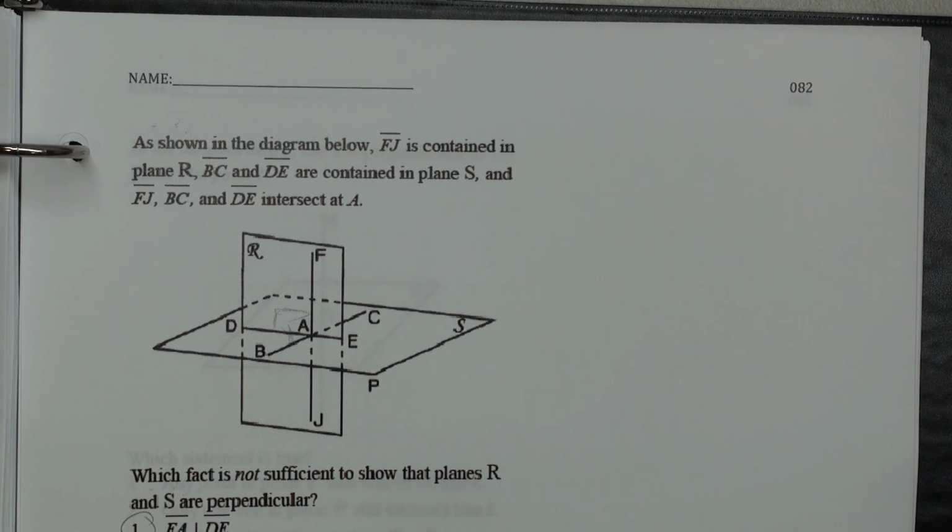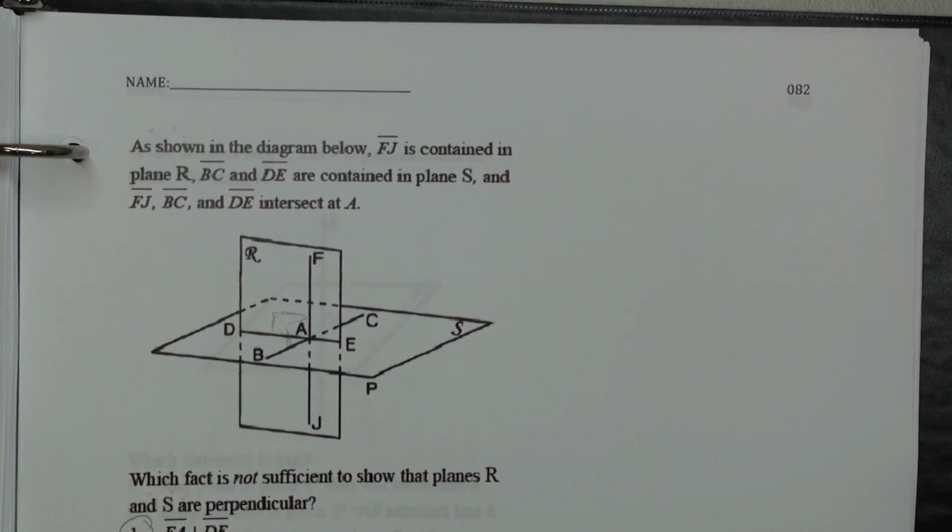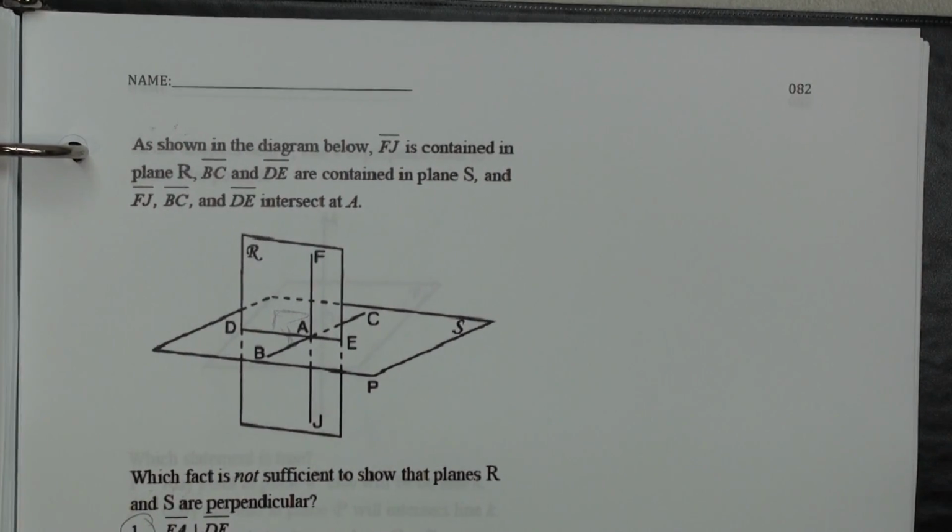Let's see. This was number 82. This would be GG5 again. So change GG3 at the bottom to GG5.